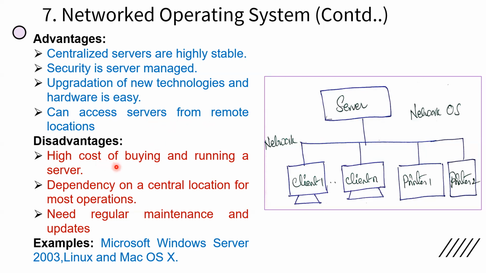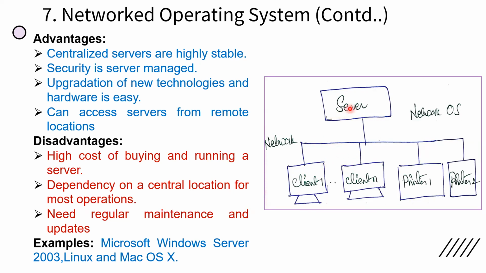And coming to the drawbacks, the servers are relatively costlier as compared to the ordinary personal computers or desktop PCs. And one more disadvantage is dependency on a central location for most of the operations.